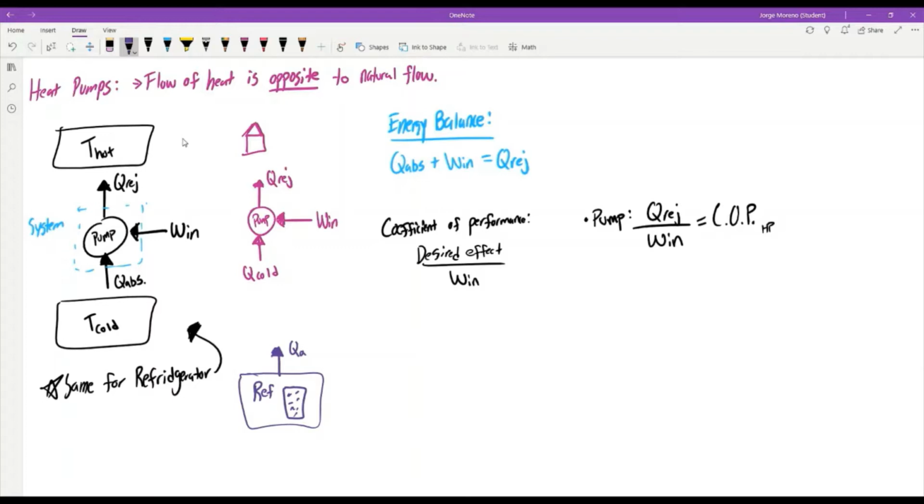And that's going to be Q absorbed by the device, of course. And that's going to spit out Q rejected. And of course, in order to get this to work, we're going to need a W in.